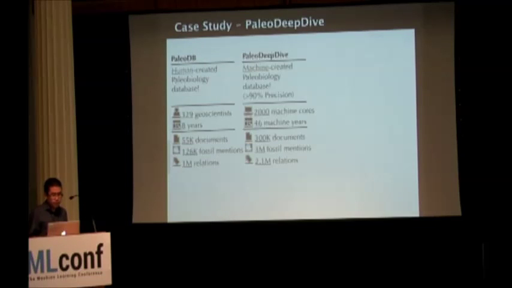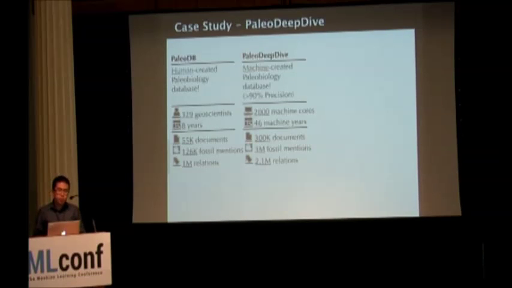On the other hand, PaleoDeepDive is a machine-created knowledge base that uses more than 2,000 machine cores and 46 machine years. It processes more than 300,000 journal articles and extracts 3 million fossil mentions and 2 million relations.